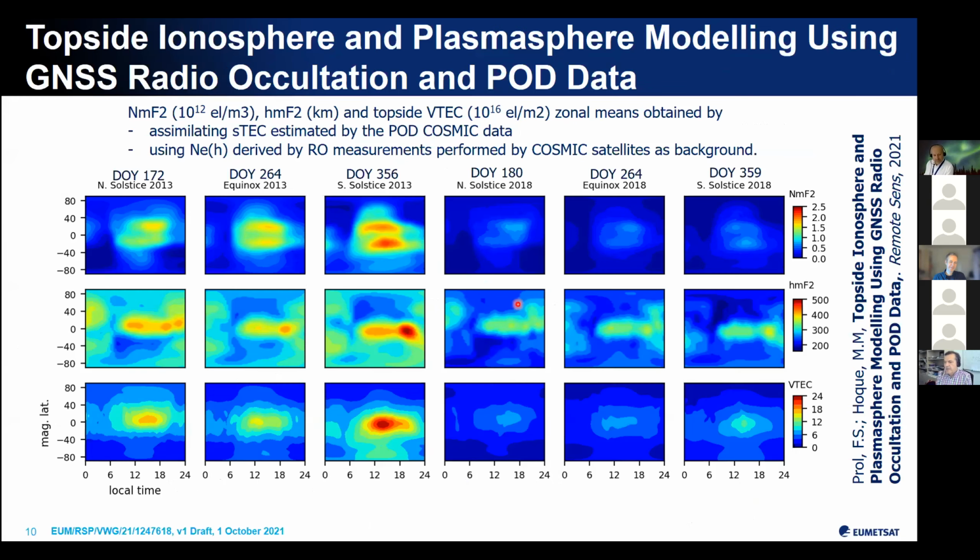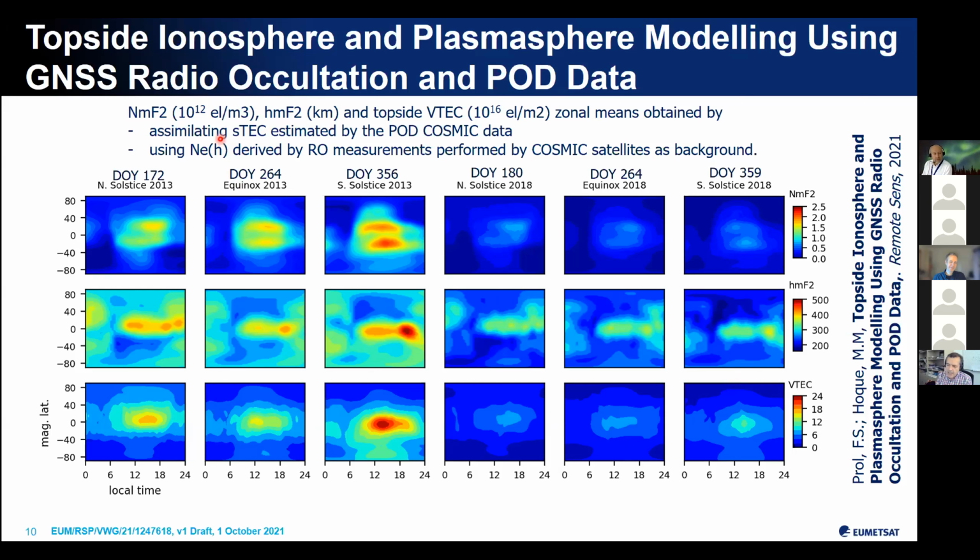In the next slide, we can see the topside part. We have not talked about the topside part so far. We were focusing on the part of the ionosphere below the LEO height, for instance, approximately 800 kilometers in the case of the EPS second generation satellites. But what happens with the top part?